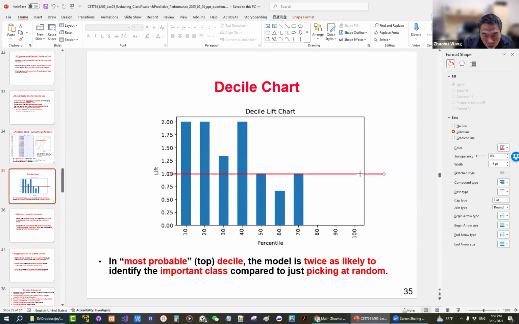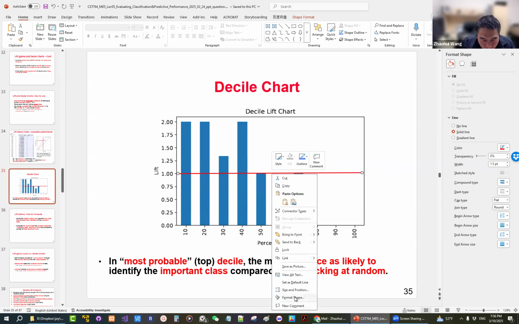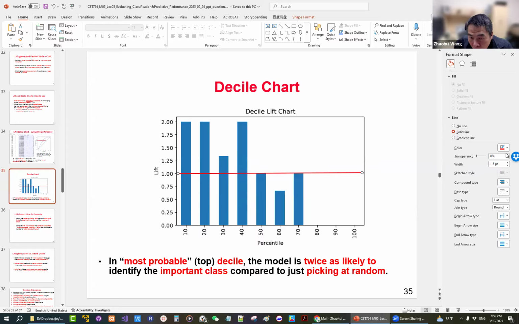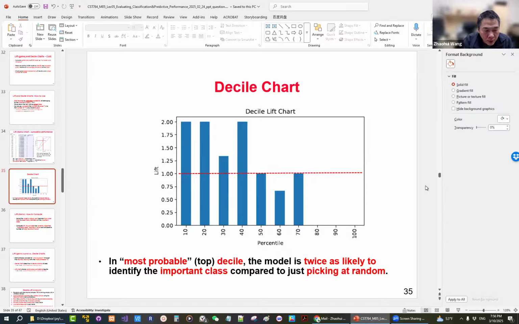Here, it will approach 1.0. So I changed the property of this line. So I use a dash line here for convenience. So the lift chart just shows the curve approaching one.